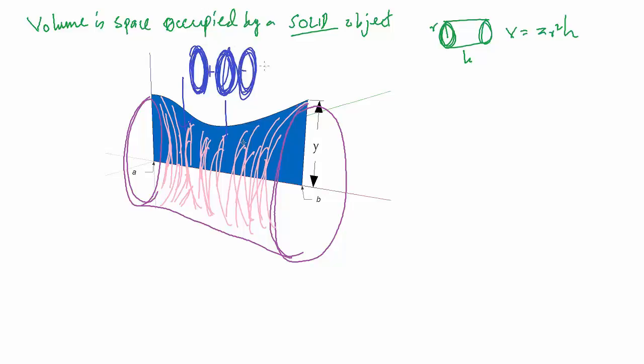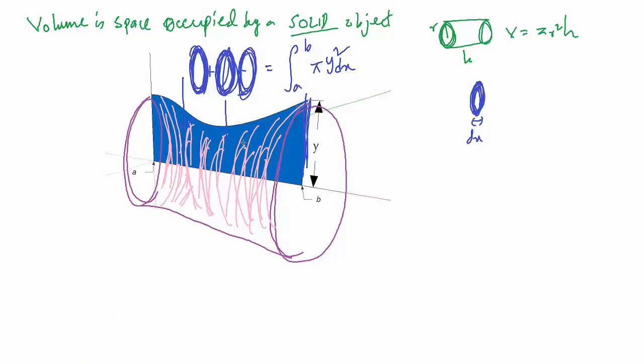The volume of each slice is pi r square, where the radius is y, so y square, and dx is a small portion of the disc, the thickness of the slice. So this would be pi y square dx, and the limits would be from a to b.